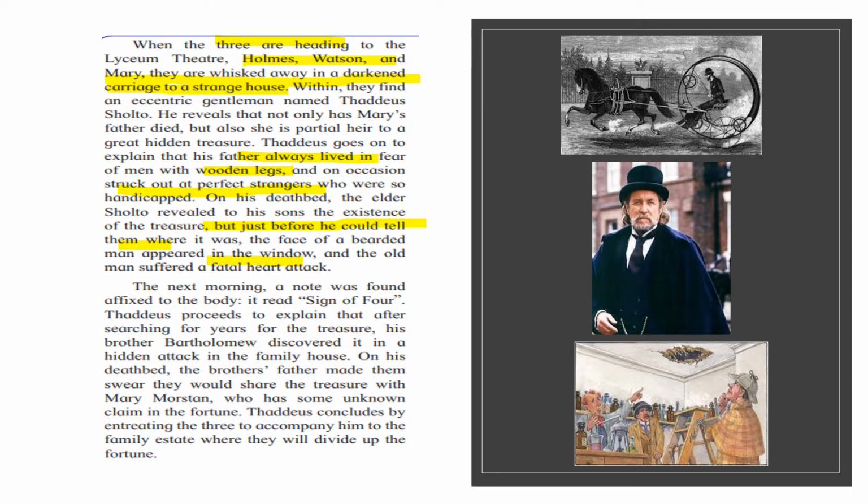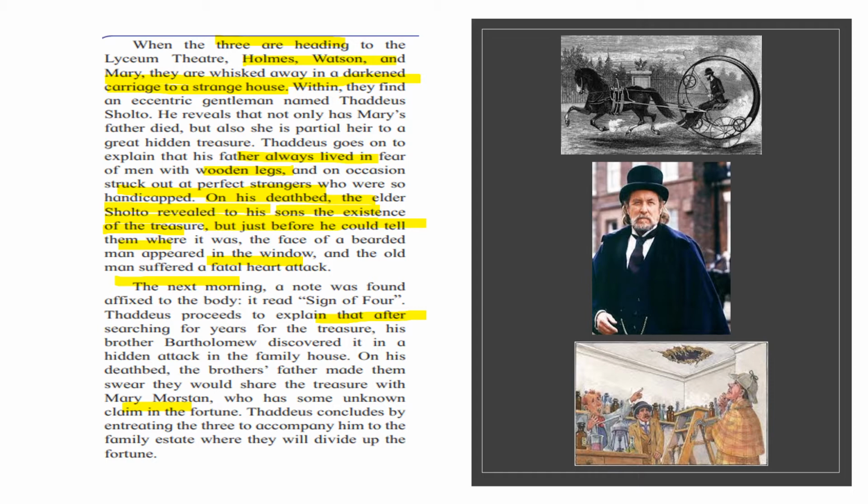Thaddeus Sholto reveals some important details about Mary's father. He reveals that not only has Mary's father died, but she is also a partial heir to the great hidden treasure.